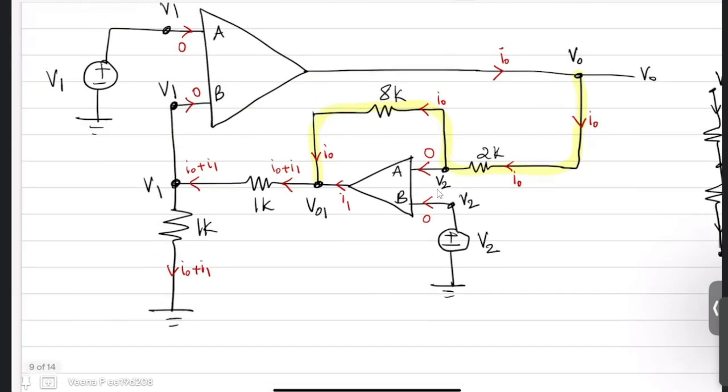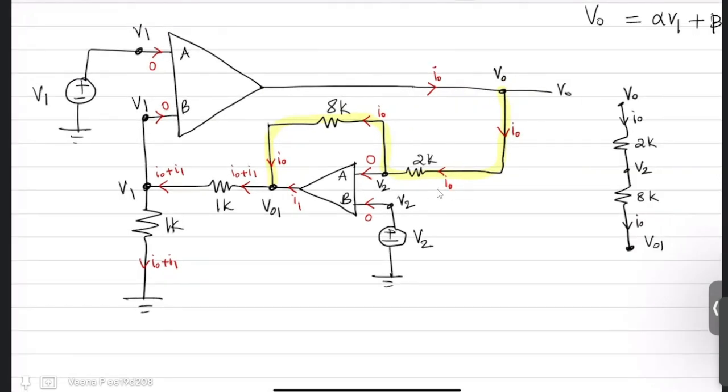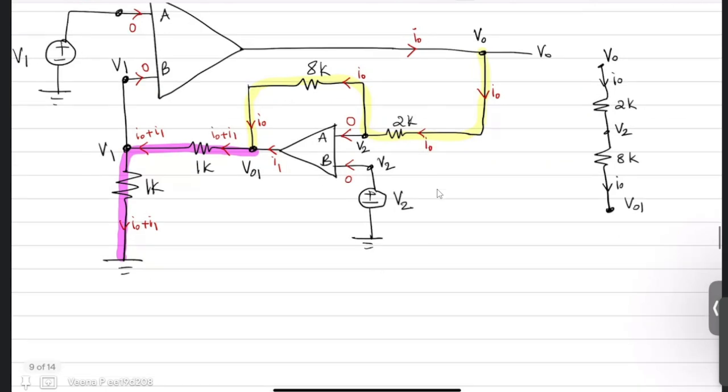Now which is the second branch? Now the second branch is I0 plus I1. So the I0 plus I1 flows through here. So the second branch is 2 resistors. One part is grounded, the other part is V01, and the middle is V1, and both are 1K.